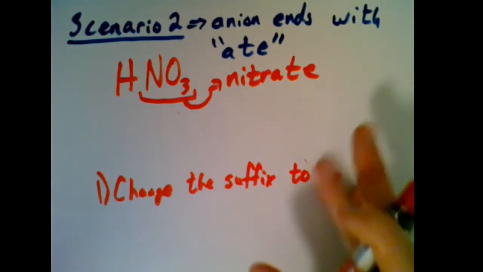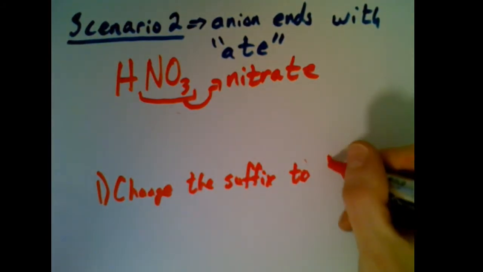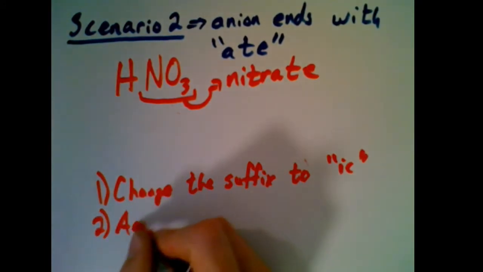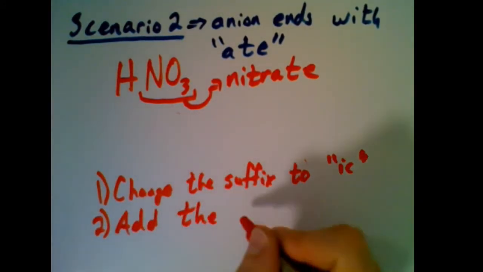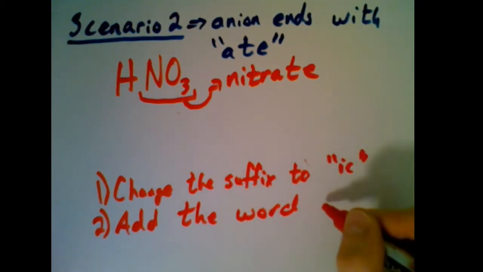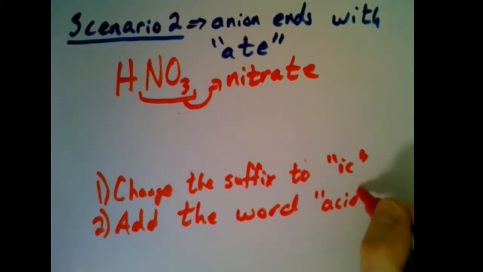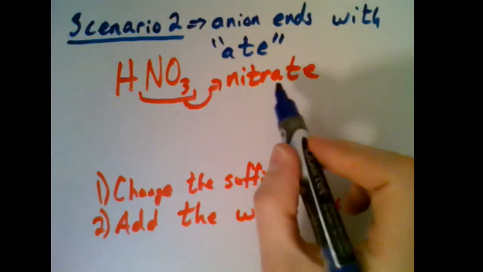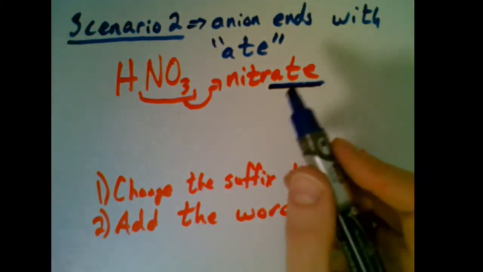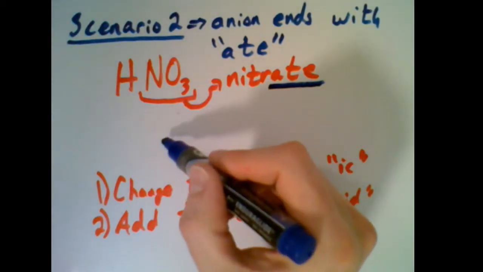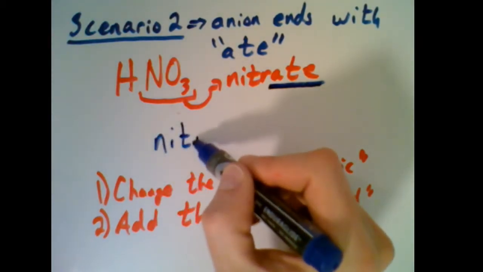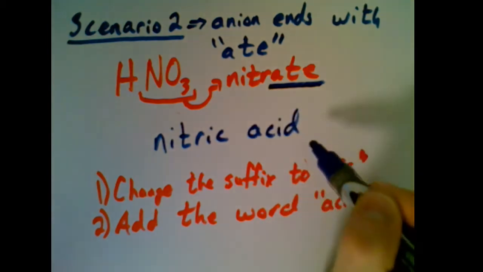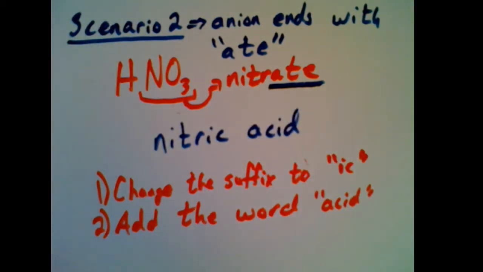Let me space that out so it's easier to read. We are also going to add the word acid. So when we're dealing with nitrate, we're going to change that ending, ATE, to ic. And we're going to get nitric, and then we add the word acid, so nitric acid.